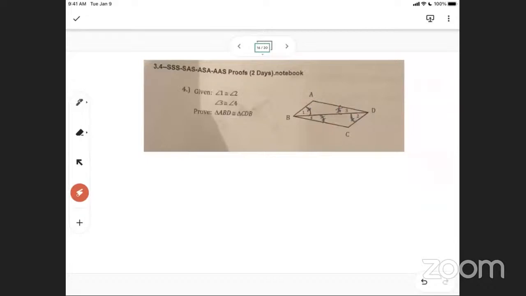The middle line? This one right here? Yep. We're going to use that because can you see how that line is in both triangles? It's in this triangle and it's also in this triangle. So that's the line I'm going to use. And therefore, which of these am I going to use, ASA or AAS?